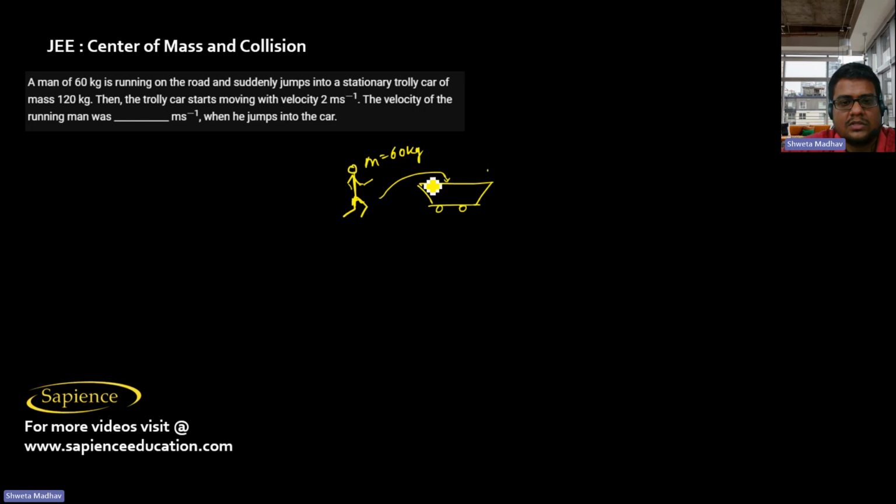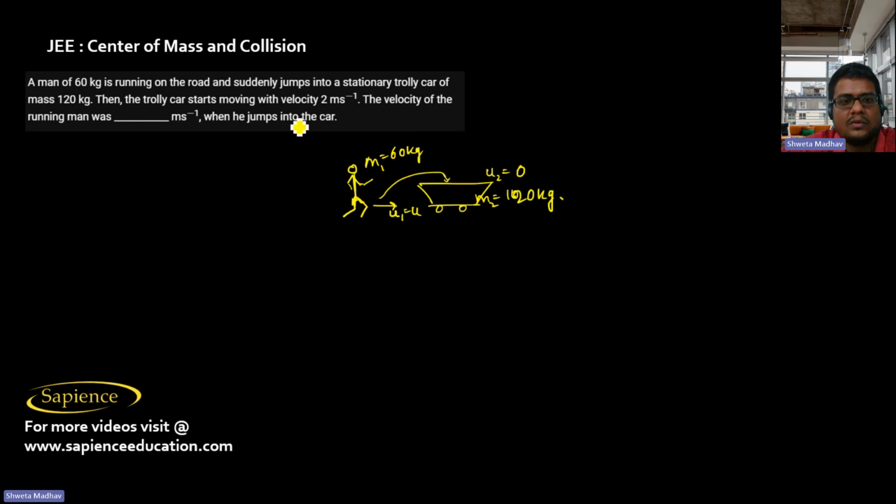It is stationary. So he is moving with some initial velocity u, and the initial velocity u2 of the trolley car is 0, u1 equal to u. Its mass is m2. m1 is 60 kg, and m2, the mass of the trolley car, is 120 kg.